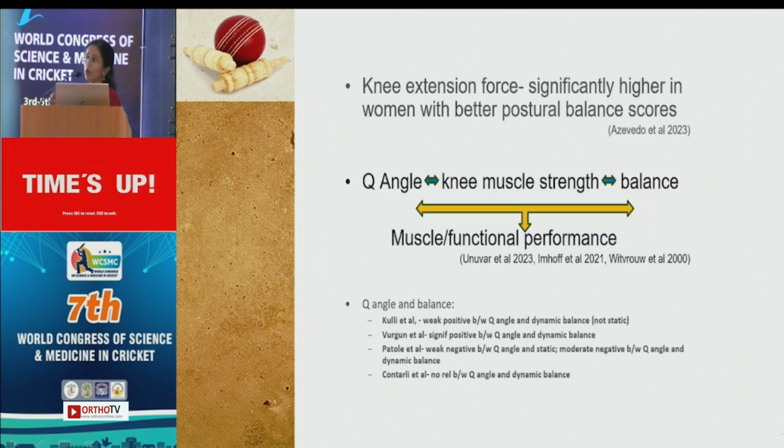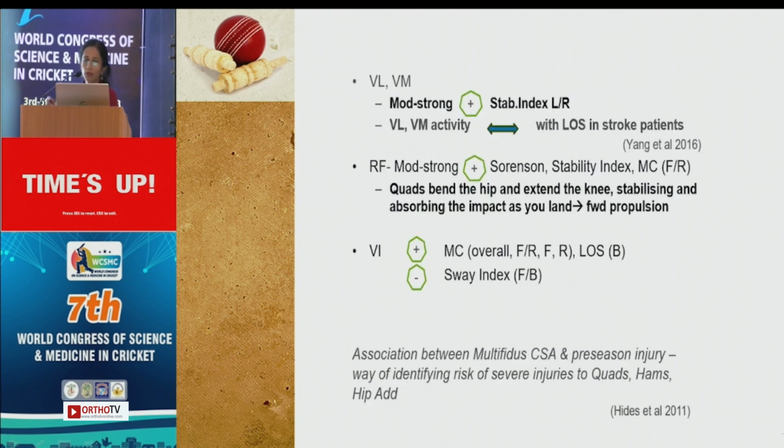The knee extension force has been much reported in terms of Q angle as well as in terms of balance, overall affecting the muscle performance as well as the functional performance, specifically in athletes who require jumping in their game. These are the specifications of which muscles of the quadriceps have been found to be correlated.